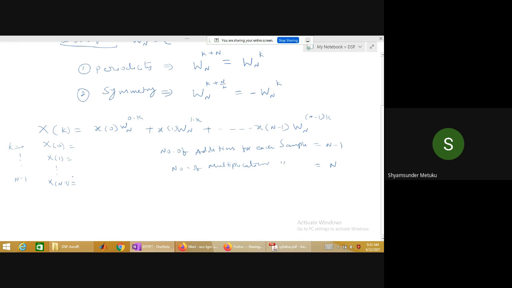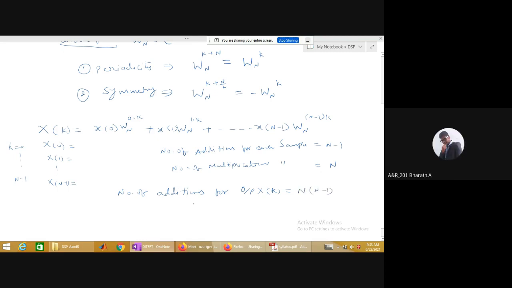So how many samples are we supposed to do this for? There are N samples in total, and each sample needs N minus 1 additions, so the total number of additions for the output x of k is N into N minus 1.